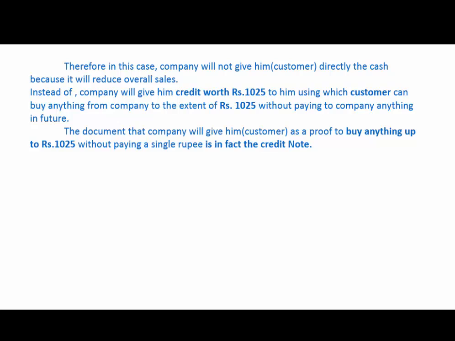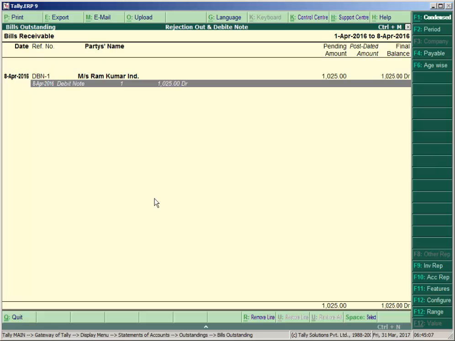Here the company will not give us the cash directly, because it will reduce overall sales. Instead, the company will give us a credit worth rupees 1025. So press escape key.